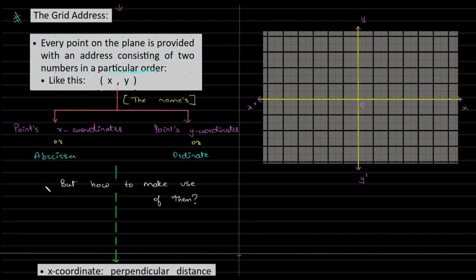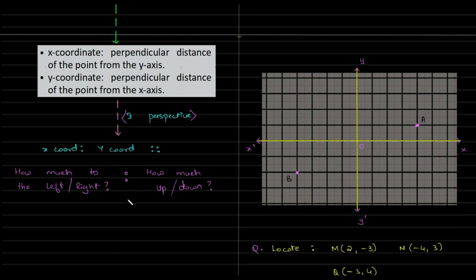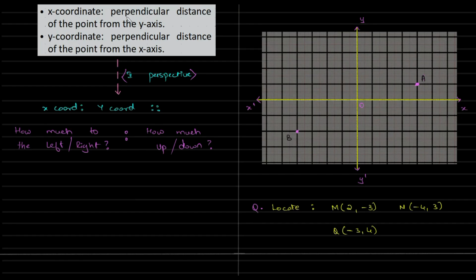Still we have not spoken about how to make use of them. When someone talks about the x coordinate, it is always the perpendicular distance of the point from the y-axis. This is your y-axis. Perpendicular distance from here means you start walking, counting your steps from the y-axis. Say this is your wall. You start walking towards A: 1, 2, 3, 4, 4 steps.